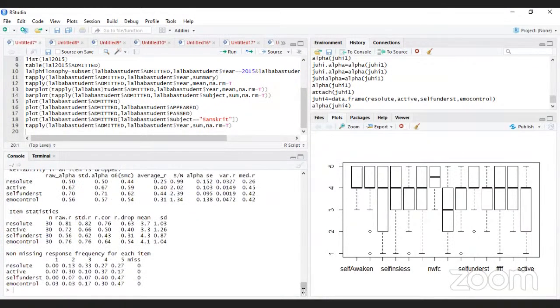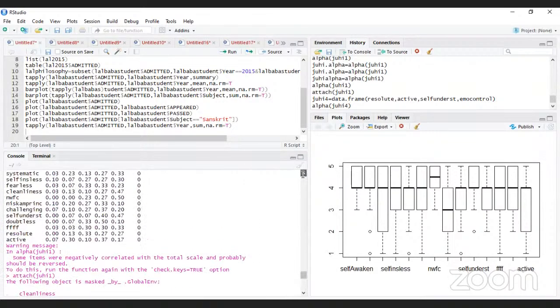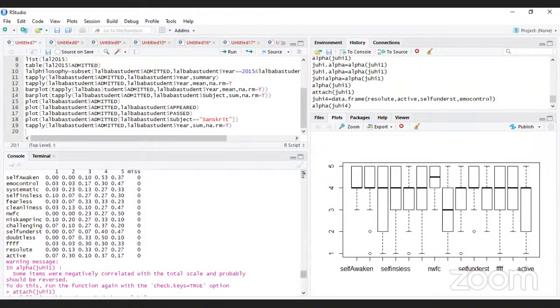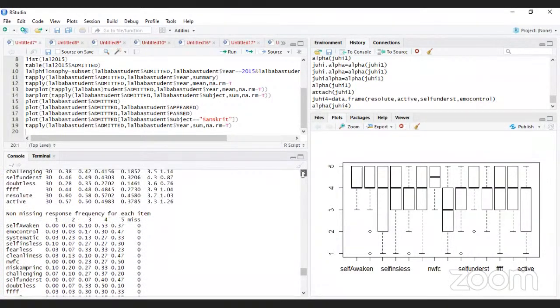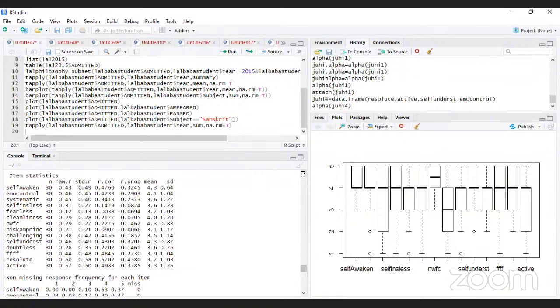So what we can do? We can increase the, what I have told you, 0.45. Which variable? Systematic, sir. Yes, systematic.